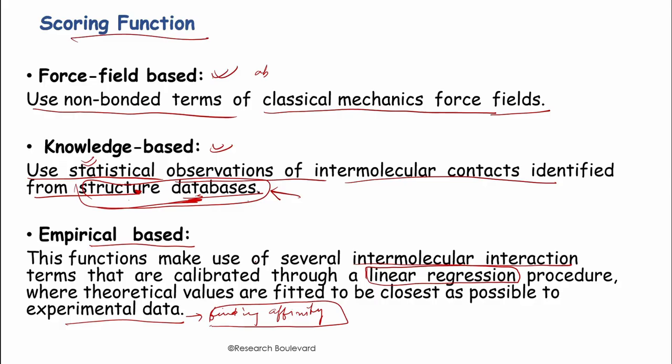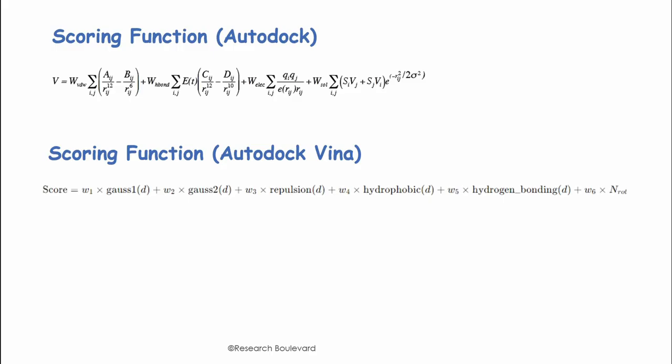And this is for AutoDock Vina. We are going to use AutoDock 4 and also AutoDock Vina. You see the equations for the scoring functions are different, so the results from AutoDock 4 and AutoDock Vina will be different.